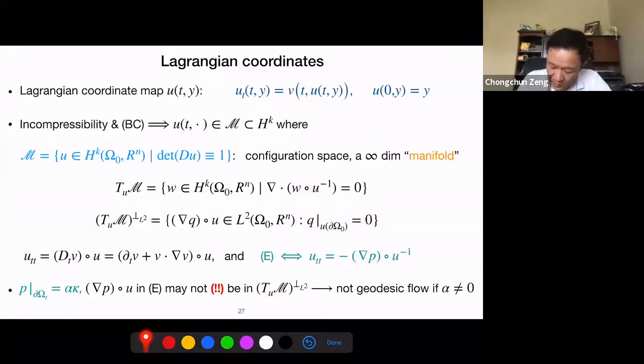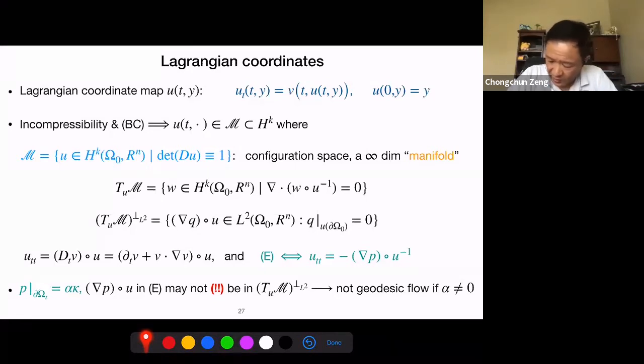So U_tt this time may not be a normal vector to the infinite dimensional manifold. So the Euler equation is not the geodesic flow when you have surface tension. That's different from the fixed boundary problem we saw. And so we need to think of this more carefully.